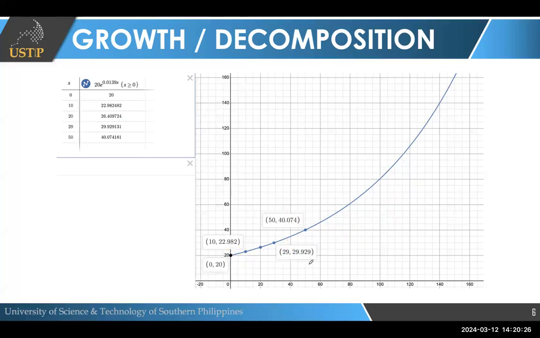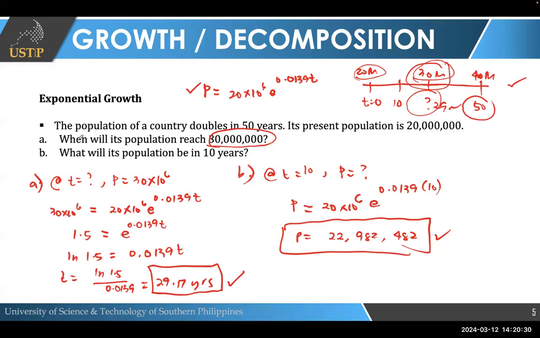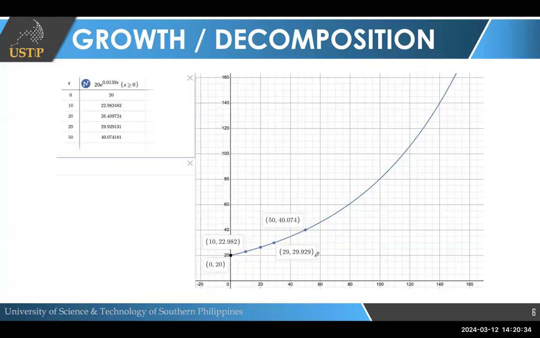Okay? 29.929. This value? What we solved was 29.17 years, when the population should be 30 million. Okay? So again, it is not perfectly 30 because of our value of k, but it comes close to your equation. You can try that by yourself in Desmos.